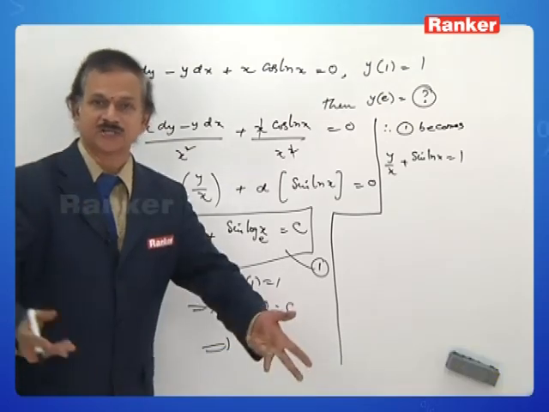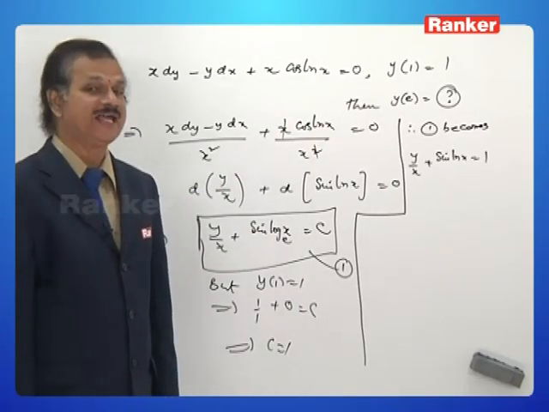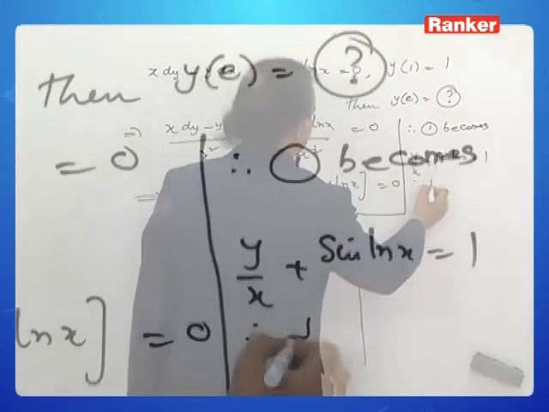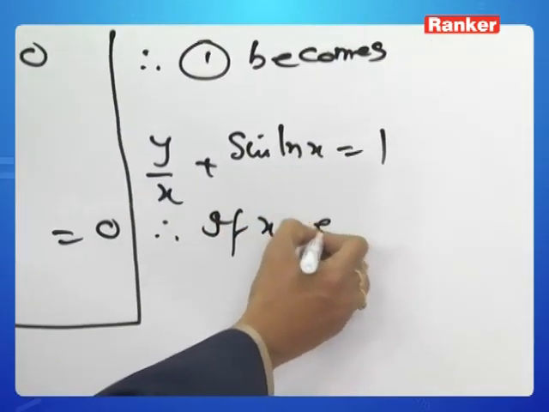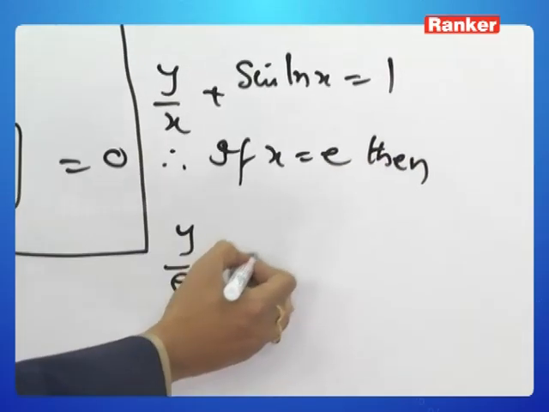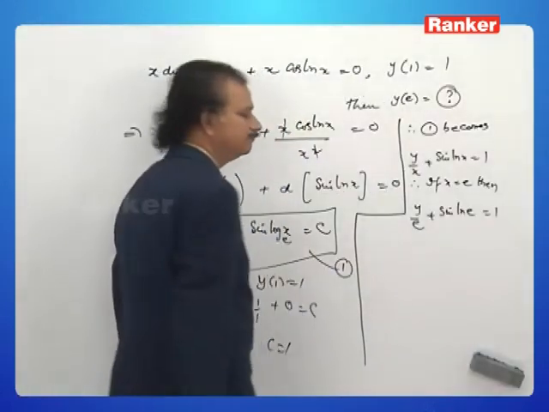What is required actually? We are required to find y(e), that is, the value of y where x is e. If x = e, then y/e + sin ln e = 1.